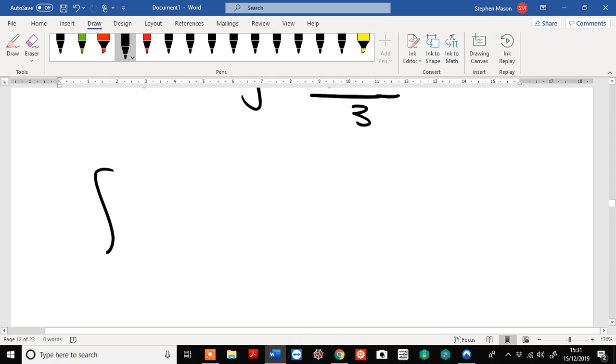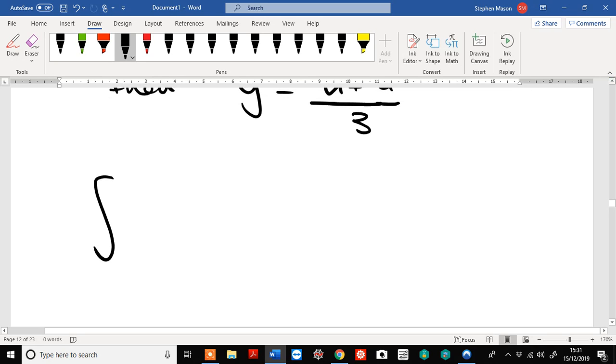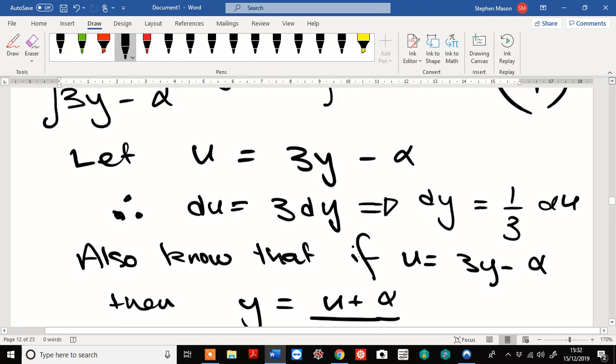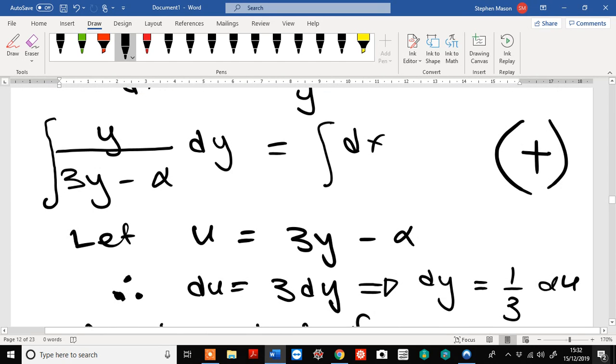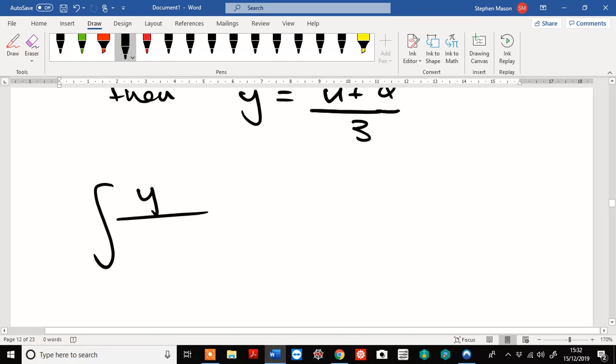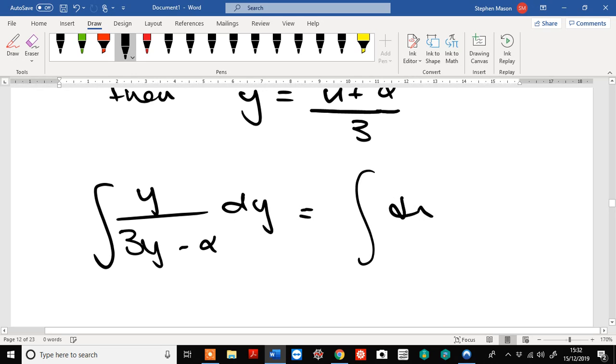So we've got the integral of y over 3y minus alpha dy, and that's equal to, I think we said dx, didn't we?